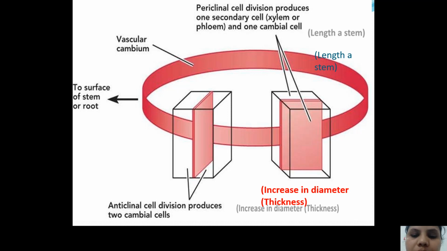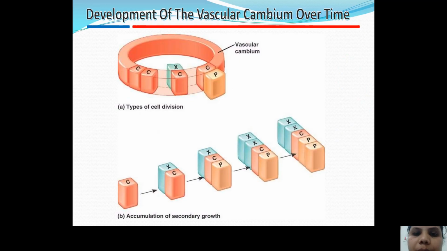So we can observe the increase in the thickness of the diameter with the multiplication of these cells or differentiation of these cells. If we see here, now the cambium, which is present between the xylem and phloem, the cambial rings start dividing, giving rise to cells both to the outer side and the inner side.